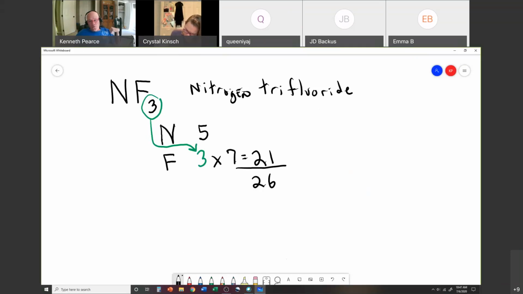26 electrons. All right. Now, nitrogen is by itself, so let's go ahead and put nitrogen in here. And then we say nitrogen, fluorine, fluorine, fluorine. Now look, there's 3 fluorines over here.